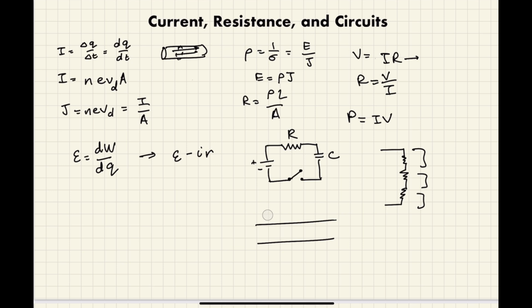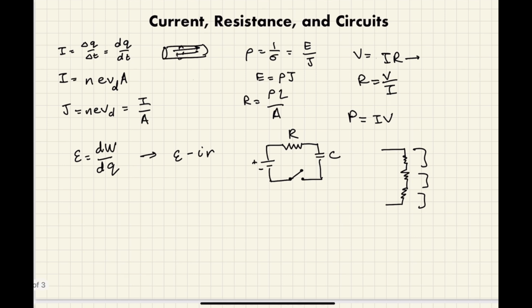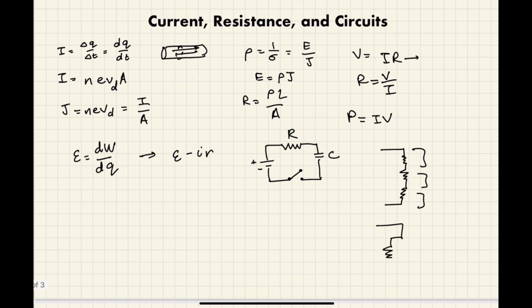When they were in series, though, the voltages added up. So it's very similar here. The voltages add up when you're in series, and when you're in parallel, which basically means you have two different paths to choose from, or more, the voltages are going to be the same.